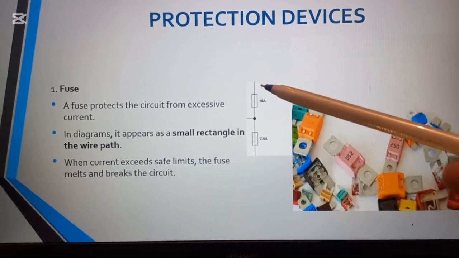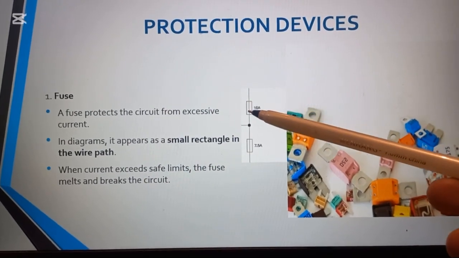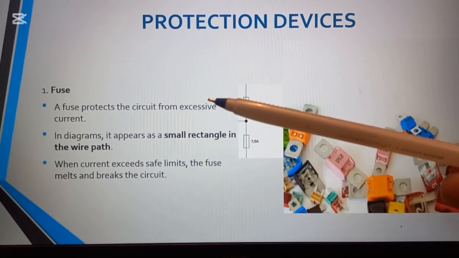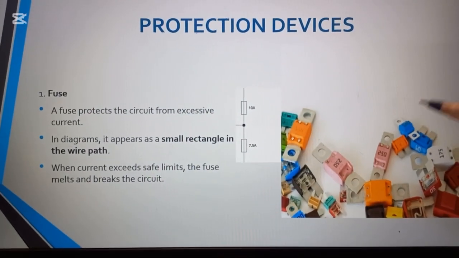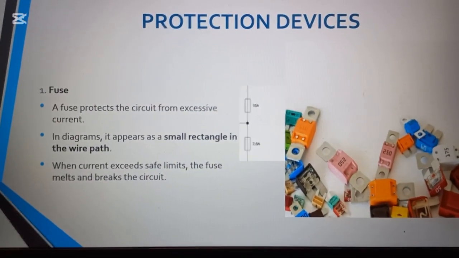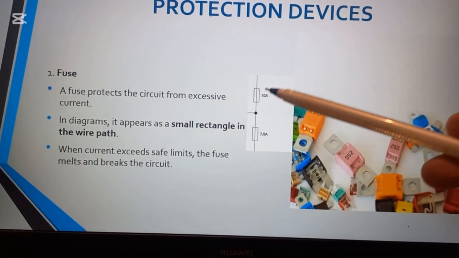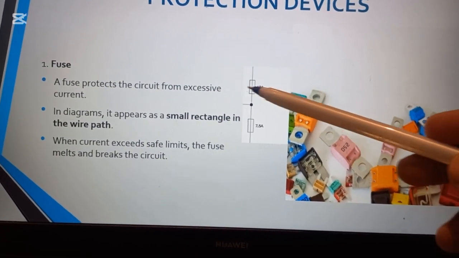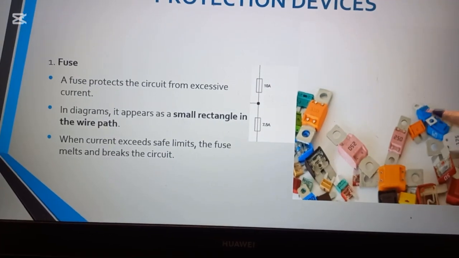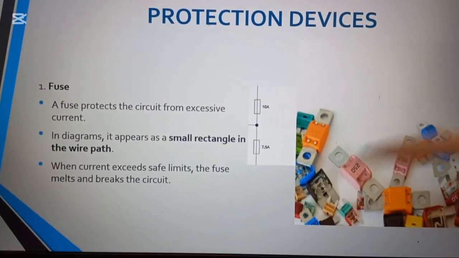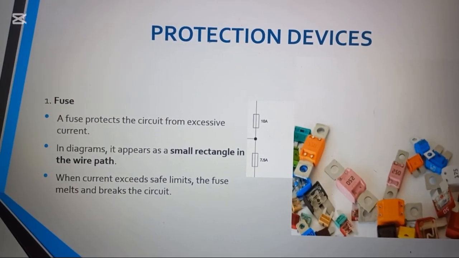So it is important for us to bring this training to you so that you can translate what is in the blueprint to real life. When current exceeds safe limits, the fuse melts. It will cut off the supply going to the component, so it will protect the component from damage.